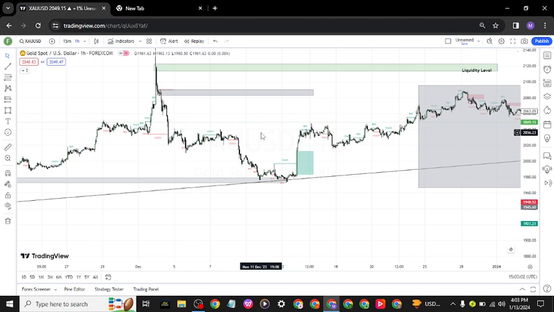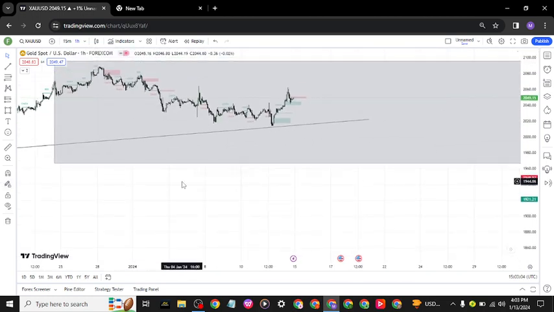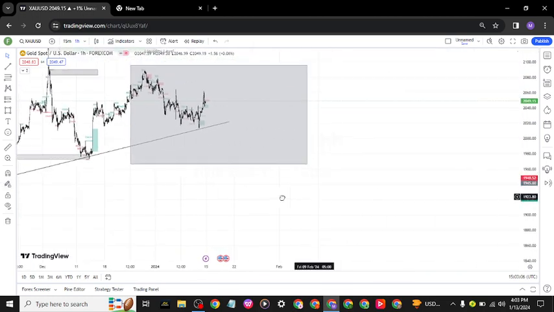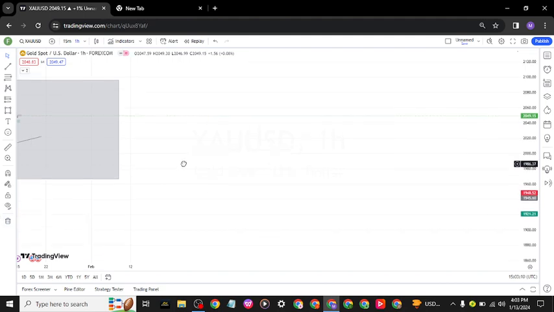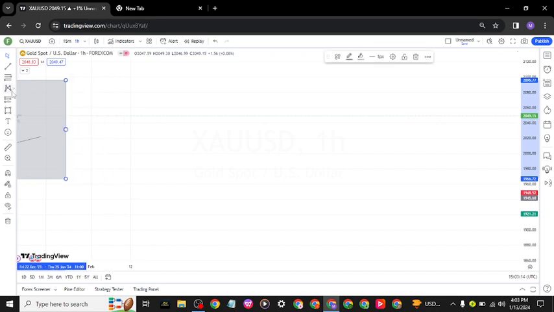There are 3 types of order block. Let me show you 3 types of order block. Let me draw them for you so you understand what I'm saying.